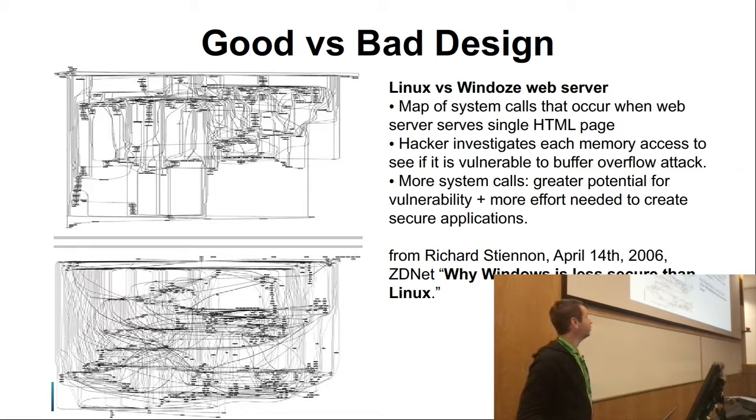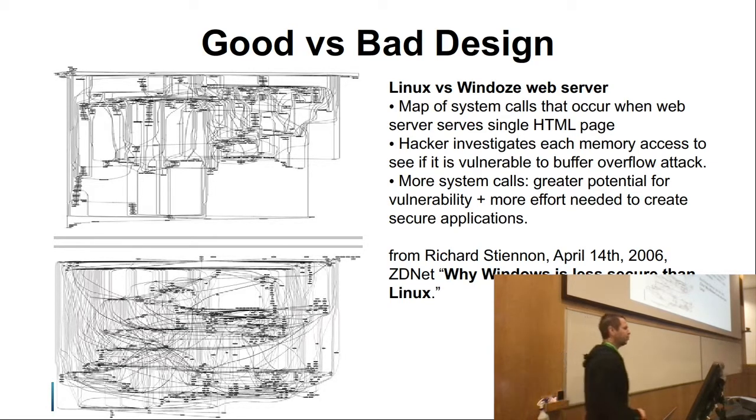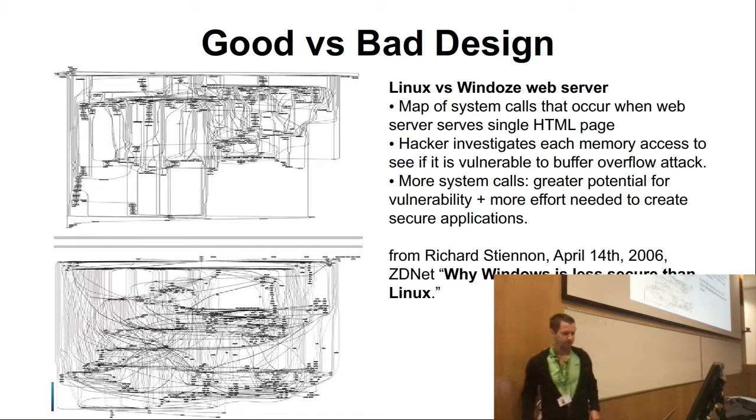But before we jump in to protocols, I thought it would be fun to look at this one. There are two drawings here. One is a Windows server, and another is a Linux server, and that is the so-called map of system calls that occur when a web page is served.